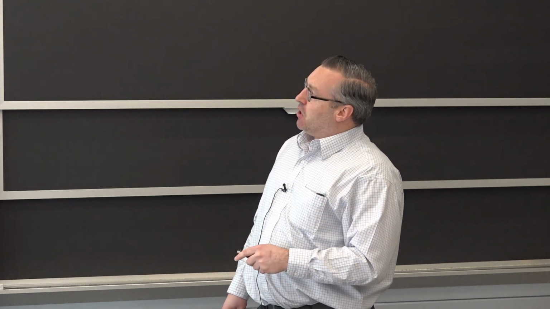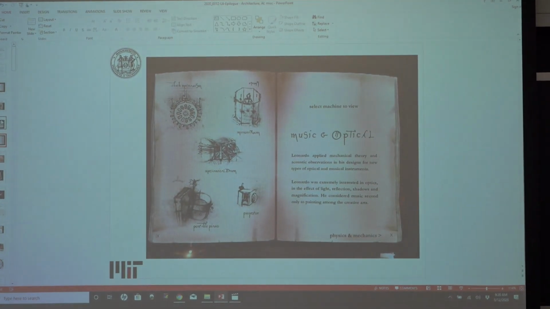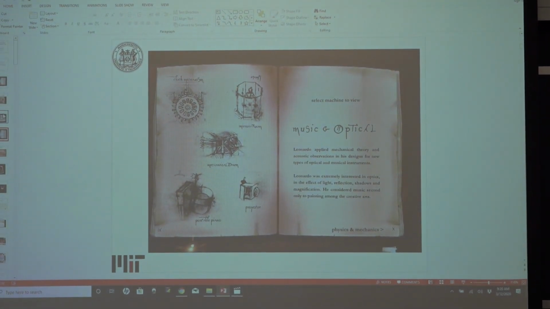He designed this mirror room where you get a 360-degree view on how the mirrors come together. So he was not just a military engineer. He also had many other interests, music and machine interests.